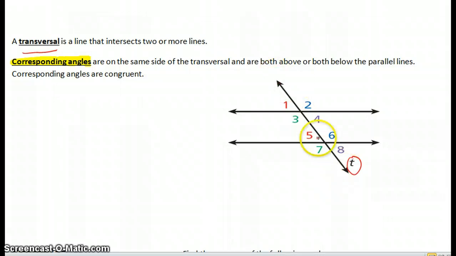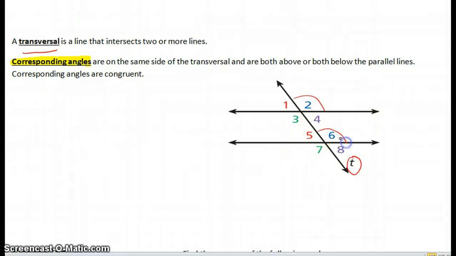So here's our transversal T. Angle 2 is on the right, angle 4 is on the right, angle 6 is on the right, and angle 8 is on the right. We're looking at the right, and now we're looking whether it's above or below the two parallel lines. Angle 2 is to the right and above.